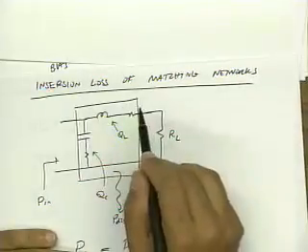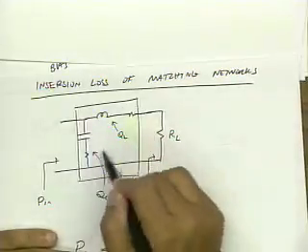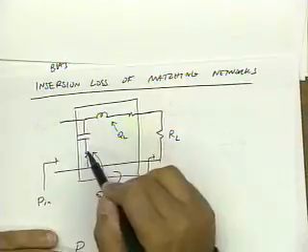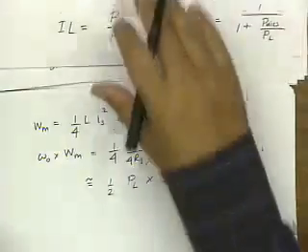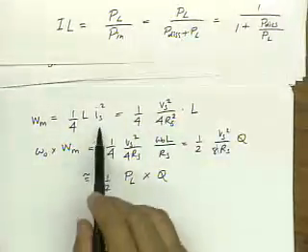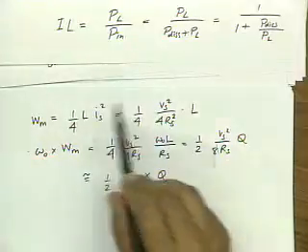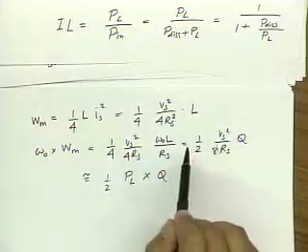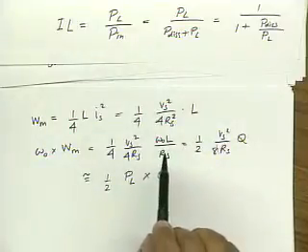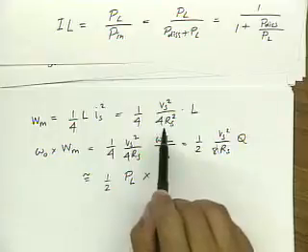And I know at resonance, the energy stored in this inductor is the same as the energy stored in this capacitor, right? So here, I know that in resonance, the current is simply the voltage divided by 2Rs, because in a series resonant circuit, the L and C cancel out.